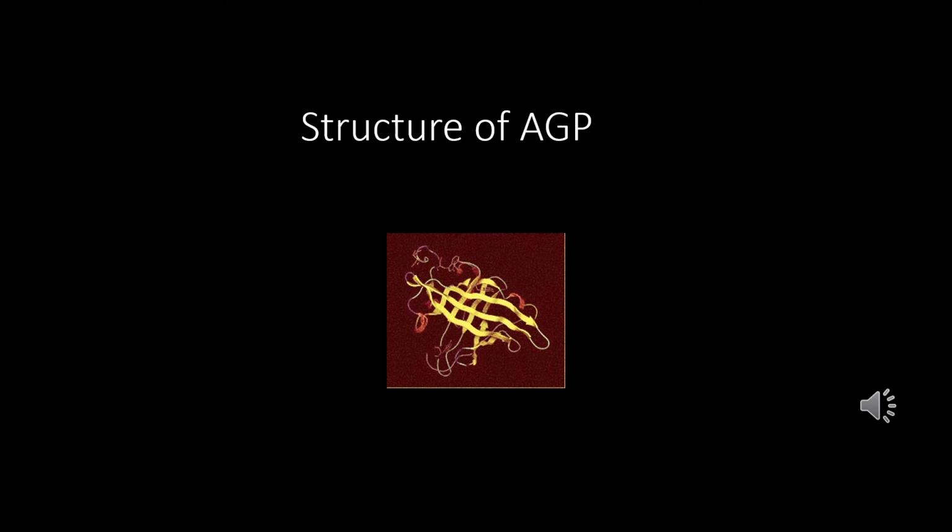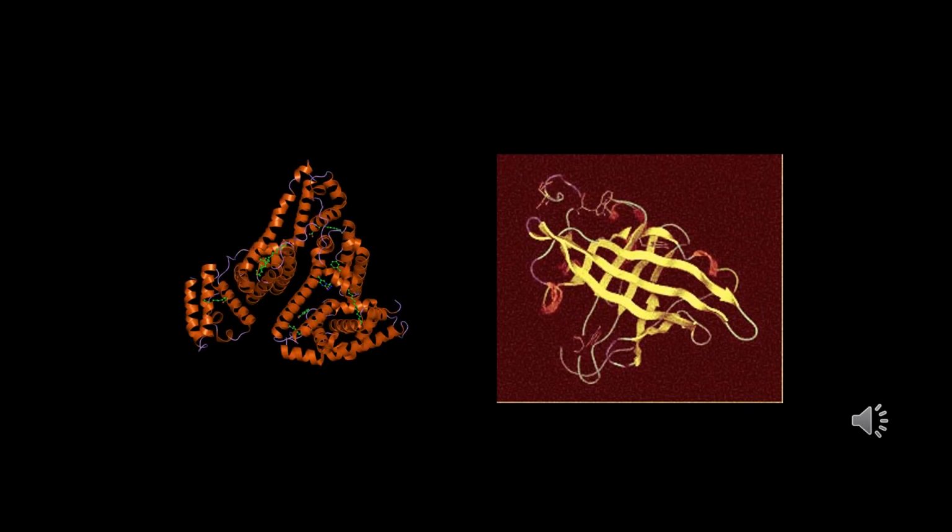This is the structure of AGP or alpha-1 acid glycoprotein. On the screen, you can see the structures of both alpha-1 acid glycoprotein on the right side of the screen and albumin on the left side of the screen.